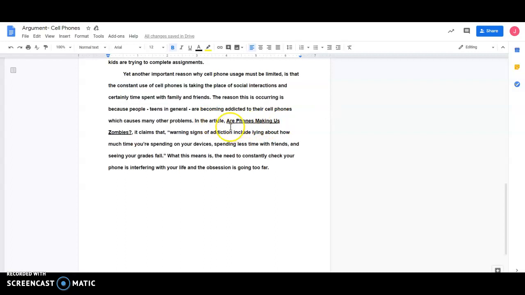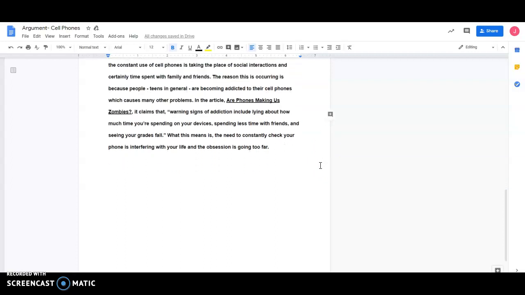In the article, Are Phones Making Us Zombies? It claims that warning signs of addiction include lying about how much time you're spending on your devices, spending less time with friends, seeing your grades fall. What this means is the need to constantly check your phone is interfering with your life, and the obsession is going too far.